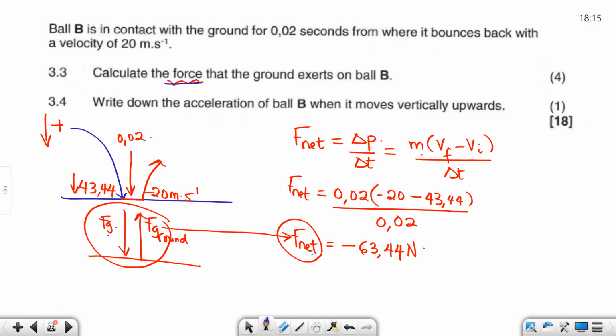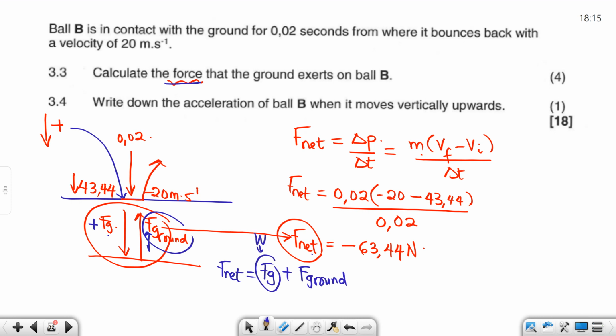So what do we have here? This one is going to be positive, right? Downward is positive. This one is going to be negative, and this is what we are looking for. So F net is equal to Fg plus F of the ground. This is the weight of the ball.